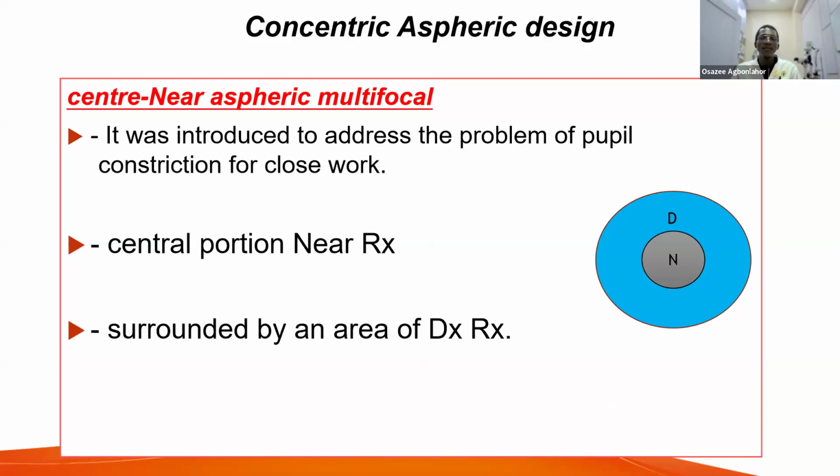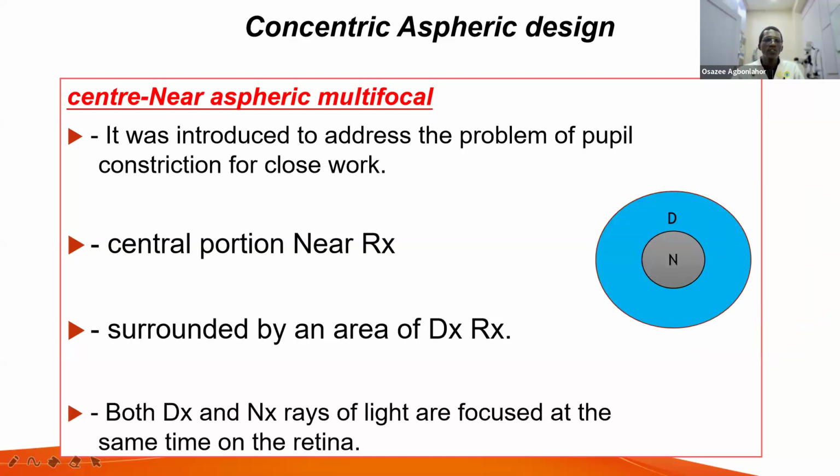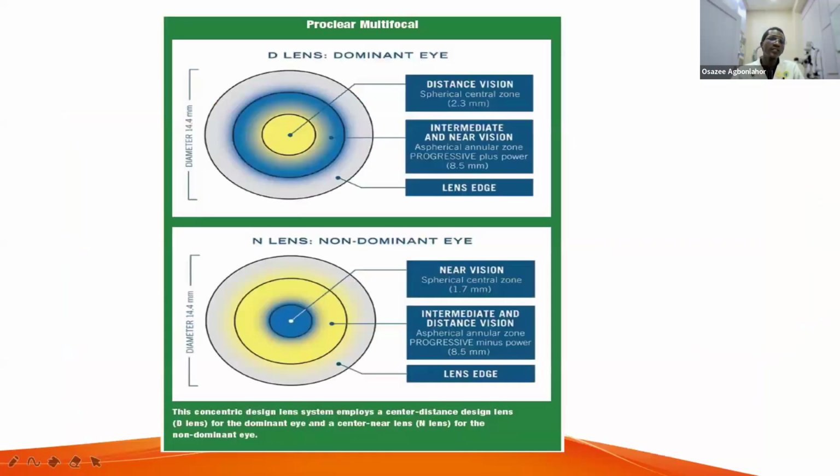While if the patient requires distant vision, it means that the dominant eye should have a center distance prescription. We look at that as we move on with some examples. And also take note that we have a lot of brands out there, and this is very key.